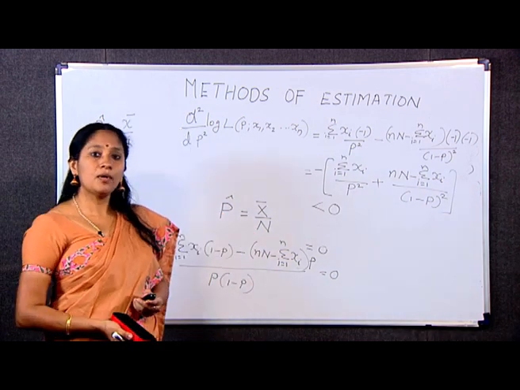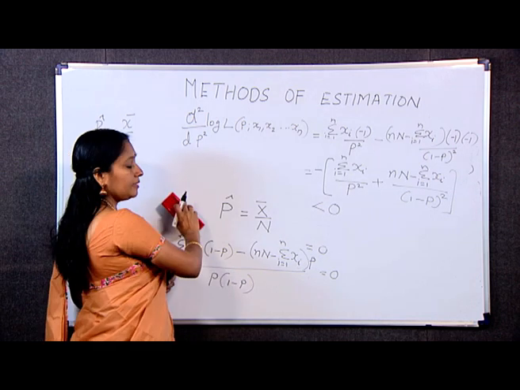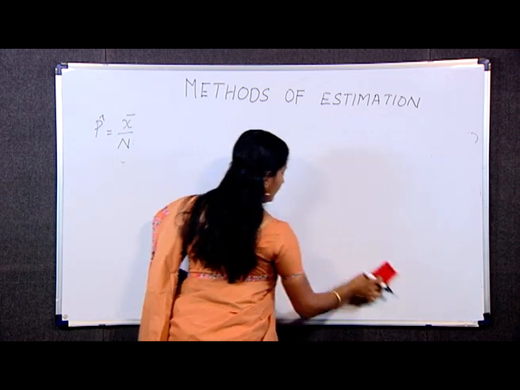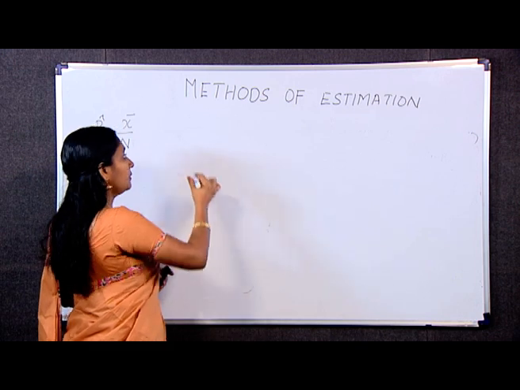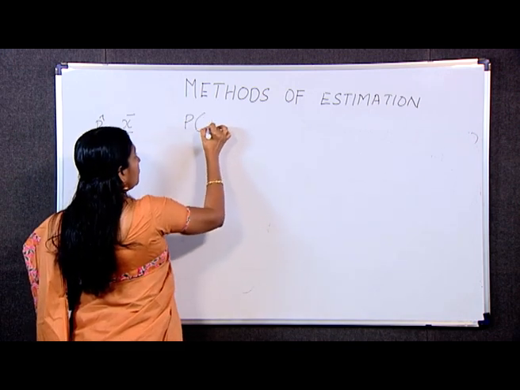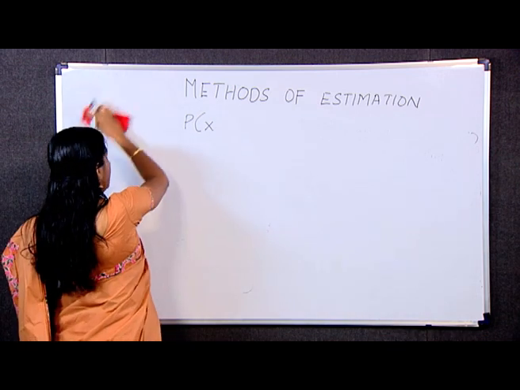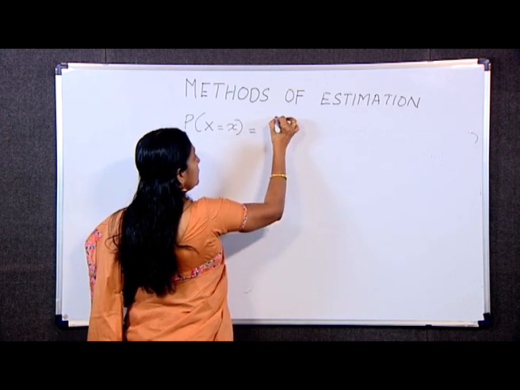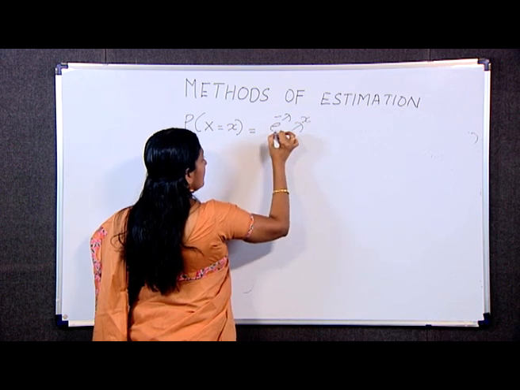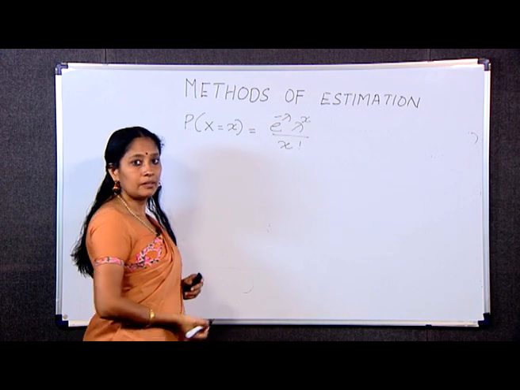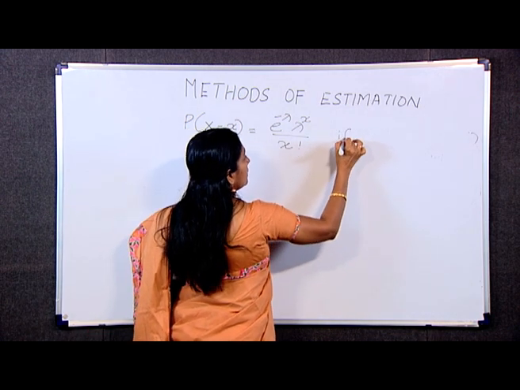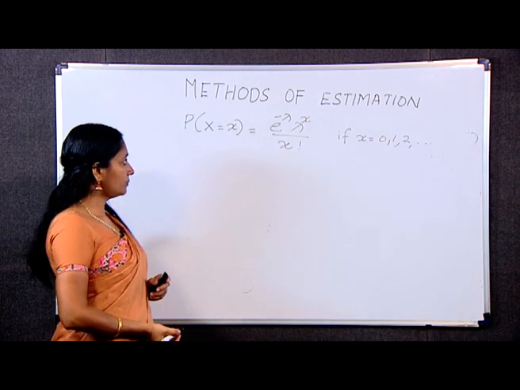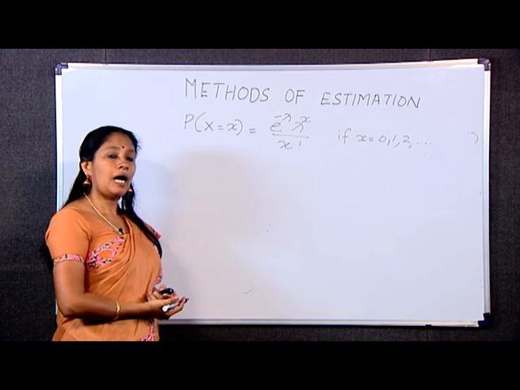Now, let us consider the Poisson distribution. So, we take a random sample from the Poisson distribution with parameter lambda, and the probability mass function of the Poisson distribution is probability of X is equal to small x is equal to e raised to minus lambda, lambda raised to x by x factorial, where x is equal to 0, 1, 2, etc. Here lambda is the unknown parameter.